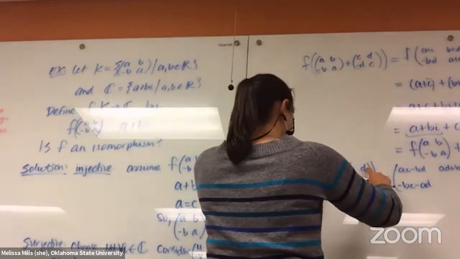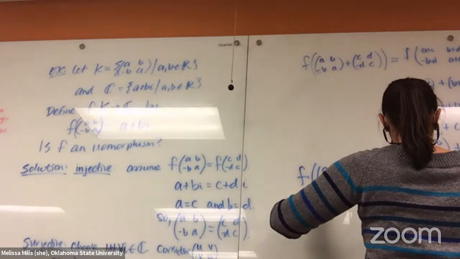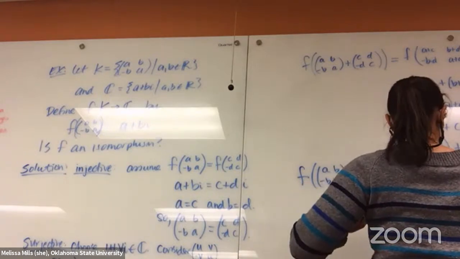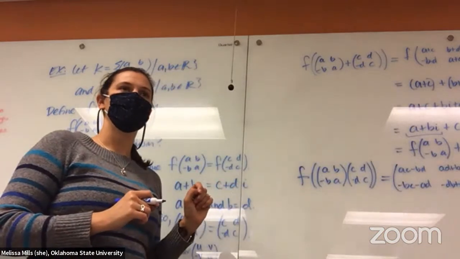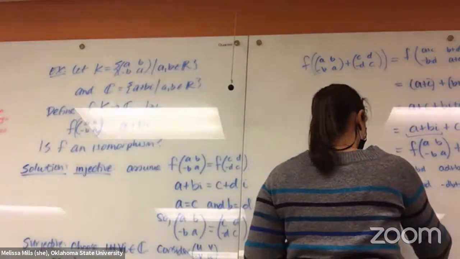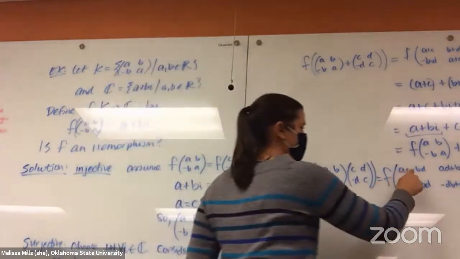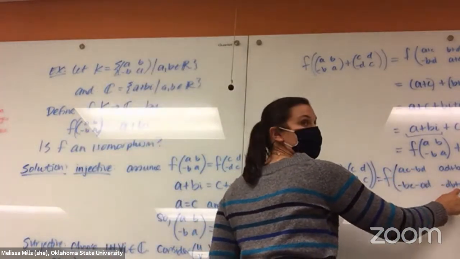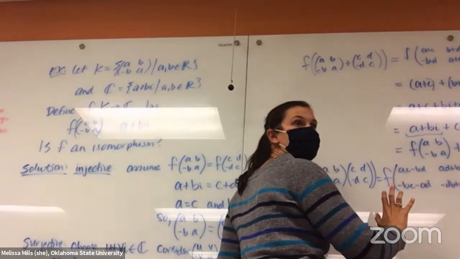And then we're going to get minus DB plus AC. Is that of the form we want? Oh, we need F of that. Okay, F of that. Well, these two are the same, right? And then that's the minus of that. So we're good.